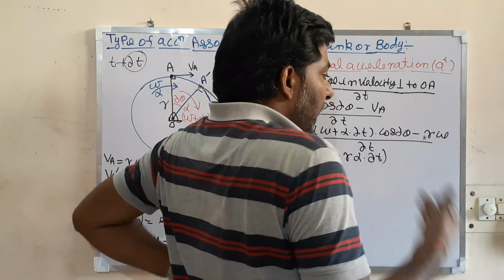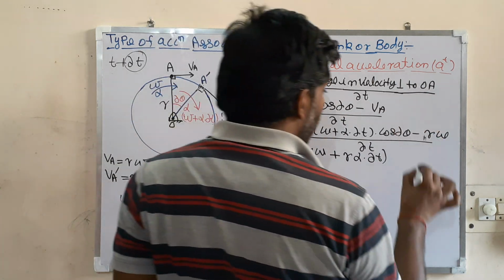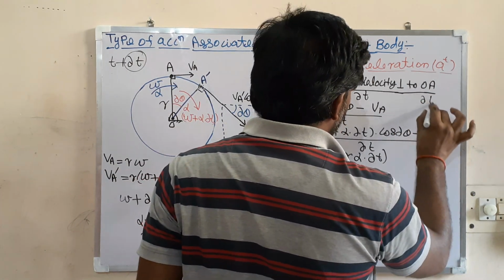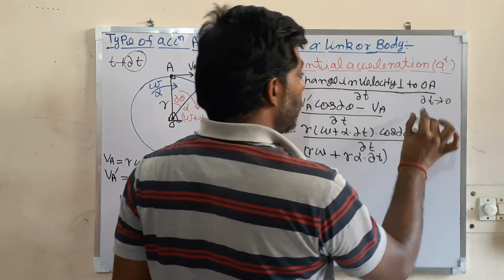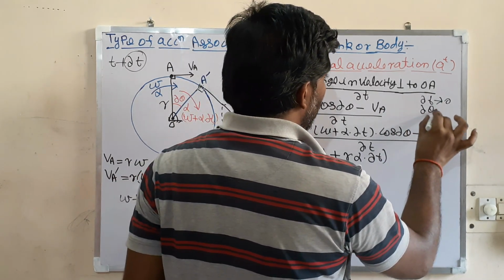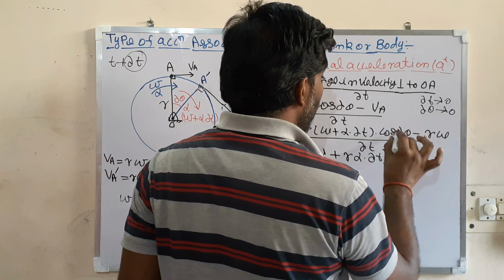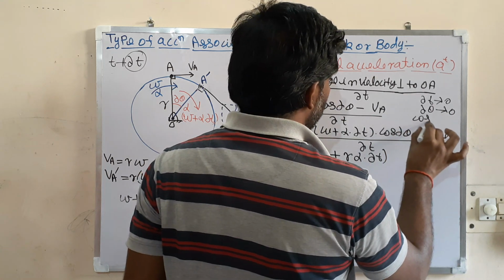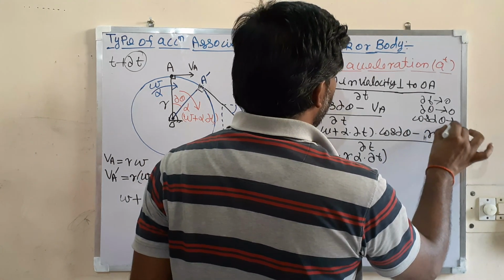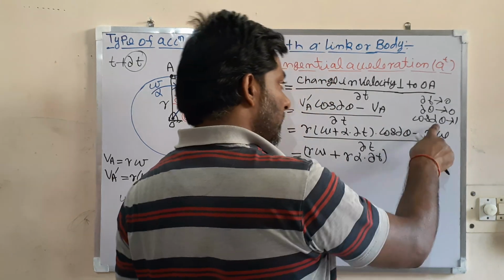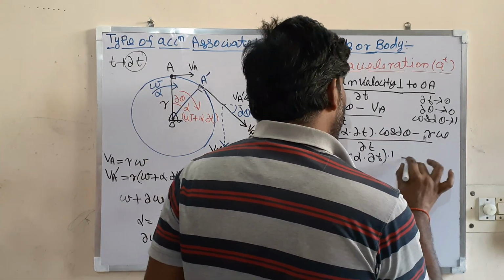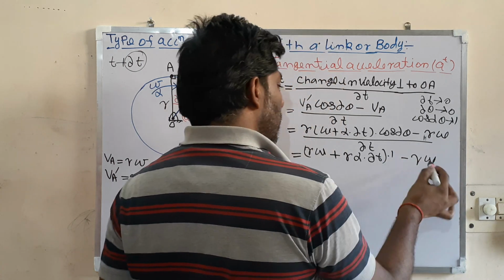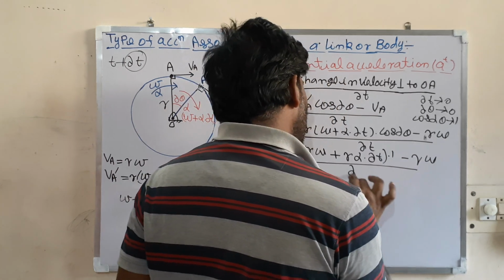When the time is very small, that is, del t tends to 0, then del theta also tends to 0. Then you will find that cos del theta tends to 1.